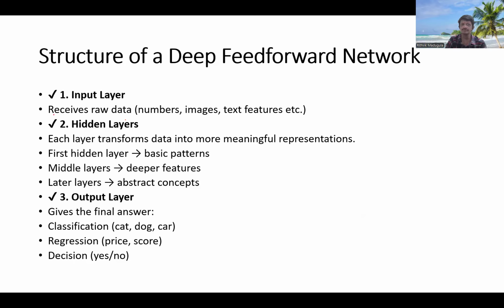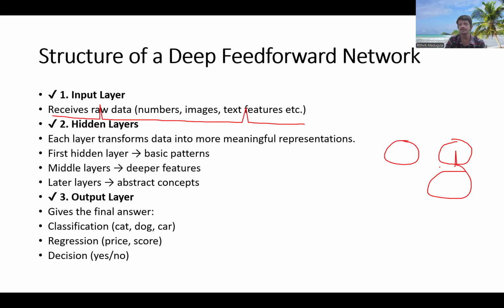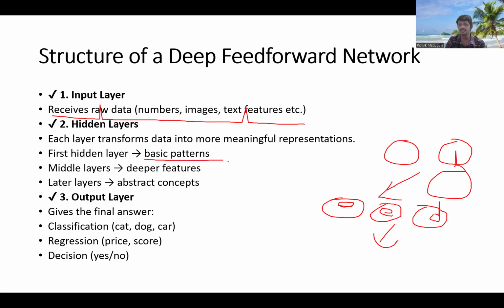The basic outline is that we have the input layer, which receives all the raw information. Suppose we transmit 3 or more images. These 3 images are trained in the input layer and passed to all the hidden layers, which do the deep feature extraction and feature processing, with some basic patterns in the first layer and deeper features in the middle layers.